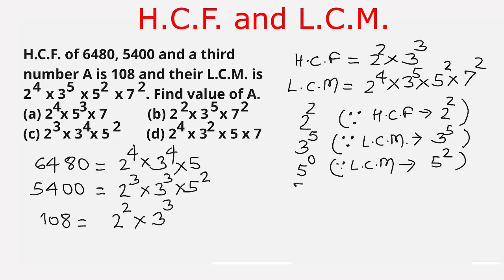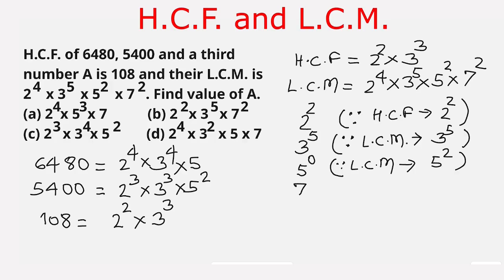Now the next prime factor is 7. In the two numbers 6480 and 5400, the power of 7 is not there, but the next prime factor of number A must be 7, as LCM contains 7 with power 2. Both given numbers do not have 7 as a factor.